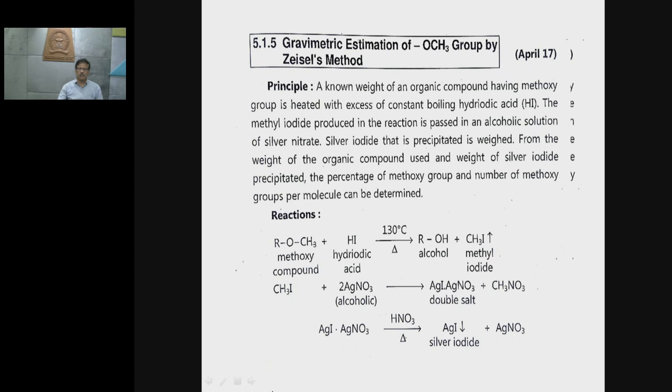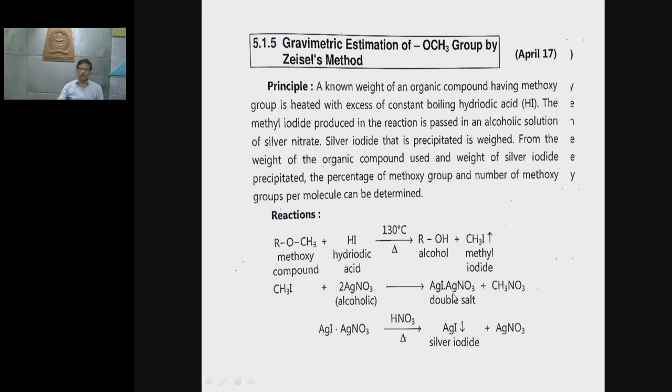See the reaction for this experiment. This is the methoxy group compound ROCH3, which is reacted with hydroiodic acid heated at 130 degrees centigrade. So there is a formation of one alcohol molecule and methyl iodide, and this methyl iodide produced is absorbed in alcoholic silver nitrate.